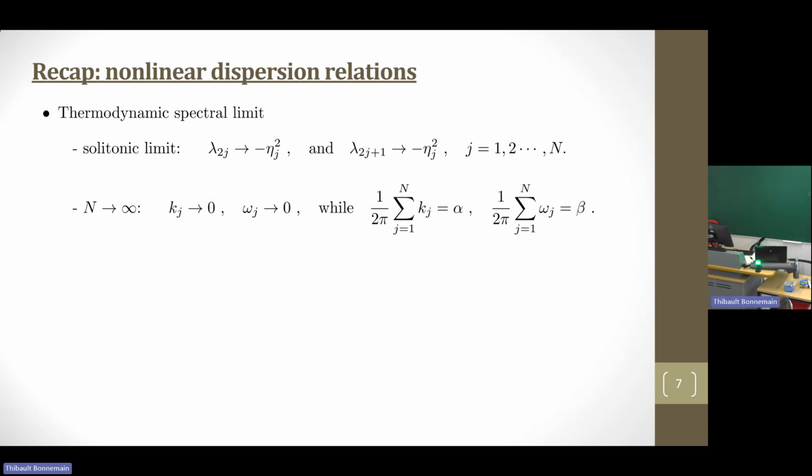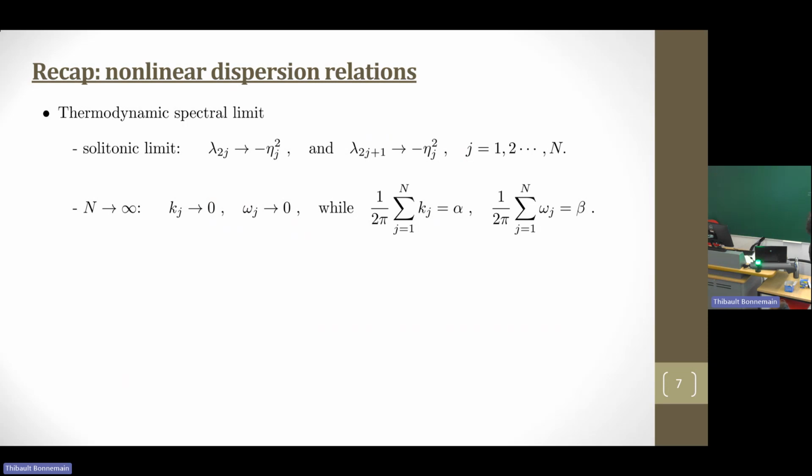But to get a soliton gas, as you are shrinking your bands, as you are taking the soliton limit, you want to increase the number of bands in order to keep these quantities constant. The number of gaps will increase. Yes, the gaps will be more numerous.